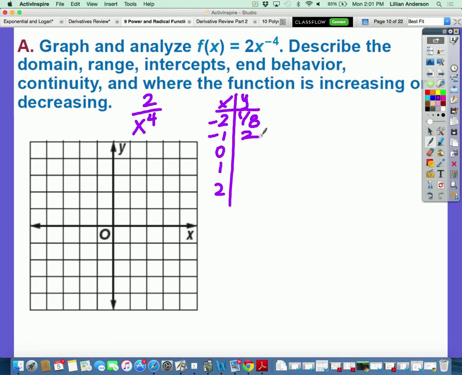When I plug in 0, it's undefined. So there's an asymptote there. Remember, that's the type of discontinuity when you have 0 in the denominator. However, when I plug 1 in for x, what's y going to be? 2. And when I plug 2 in for x, what's y going to be? So I have these points here. Do you have an idea of what this may look like?